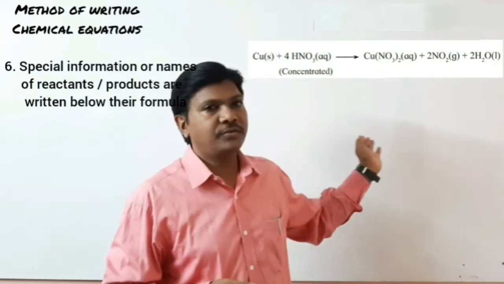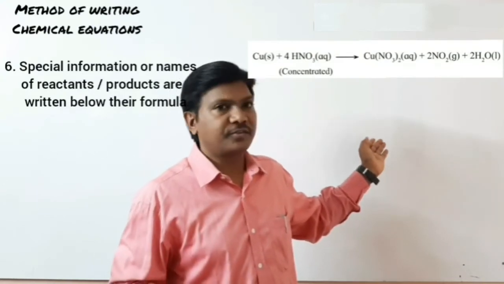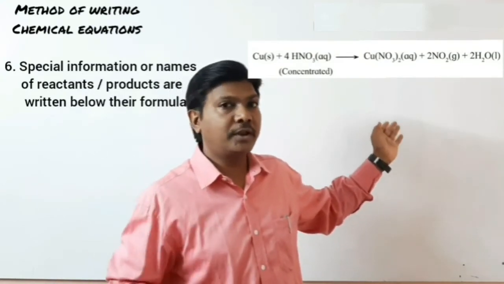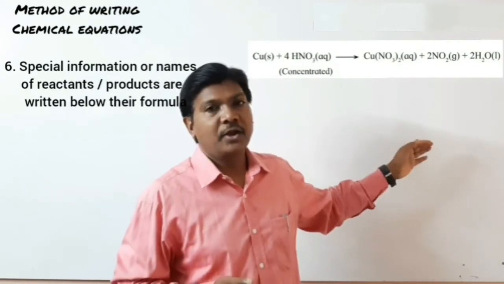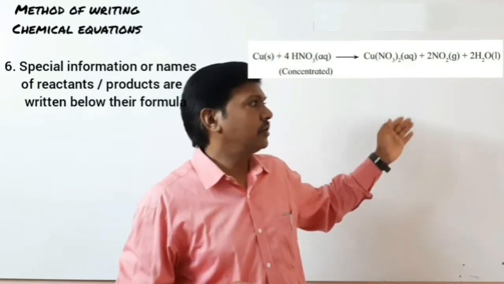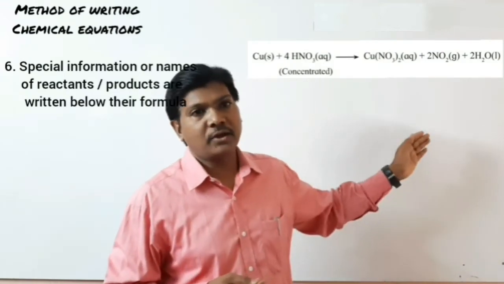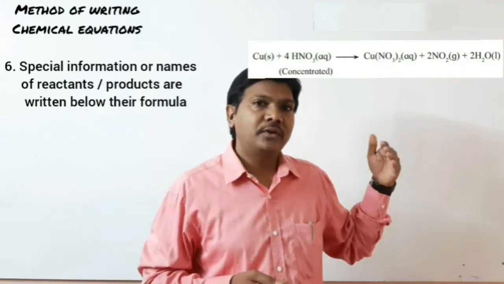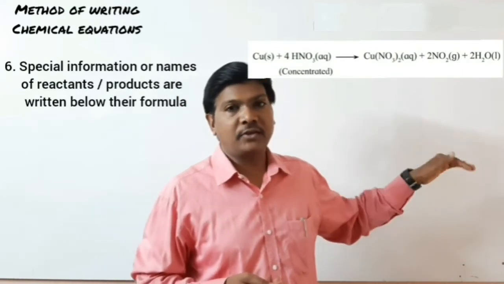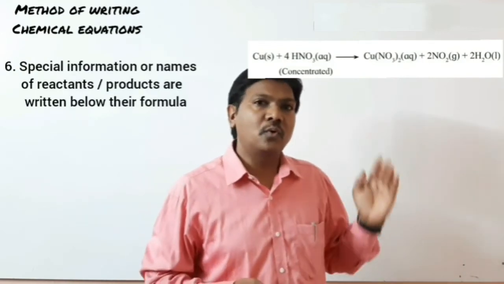Its chemical reaction: Cu, that is copper, plus 4 HNO3, concentrated, so we write concentrated, gives Cu(NO3)2 plus 2 NO2, nitrogen dioxide in gaseous state, plus 2 H2O.